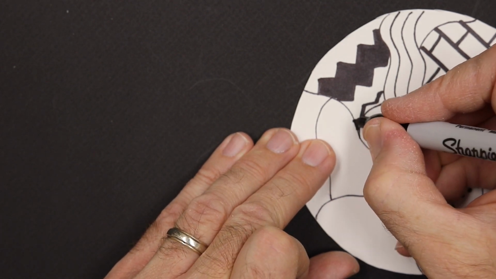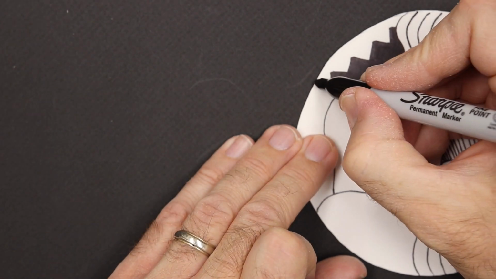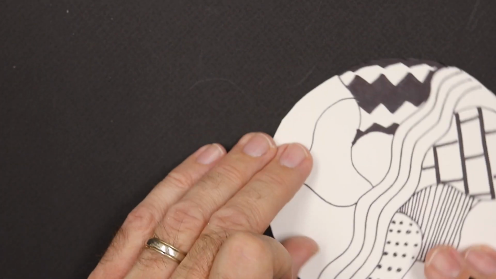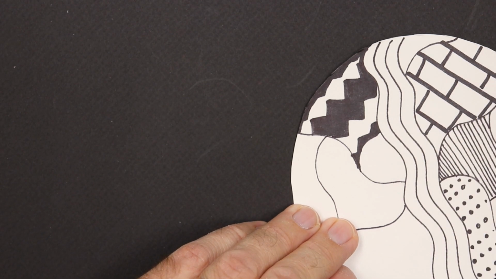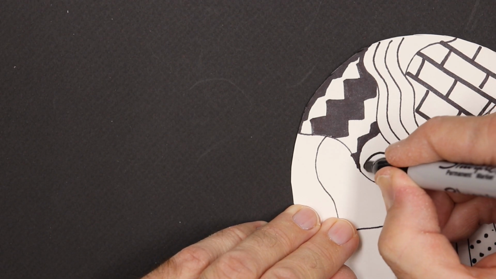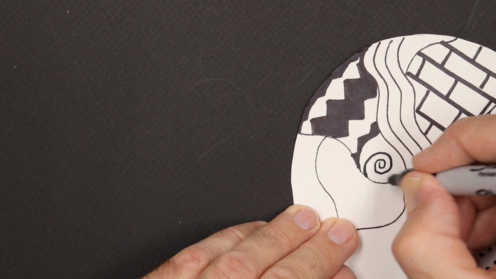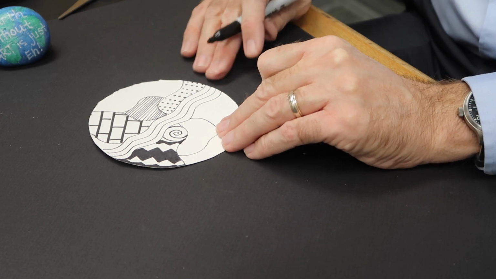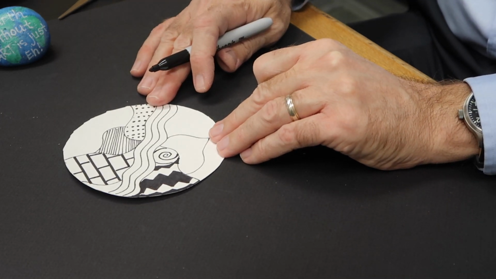So here's another one. On this section, I think I'm going to do a spiral. When it hits the side, I'm going to stop. So there's a spiral right there.